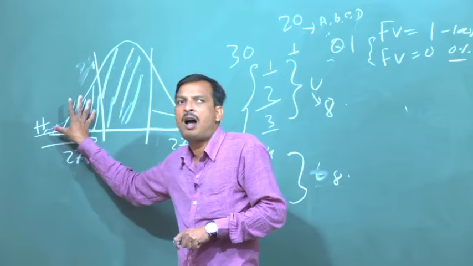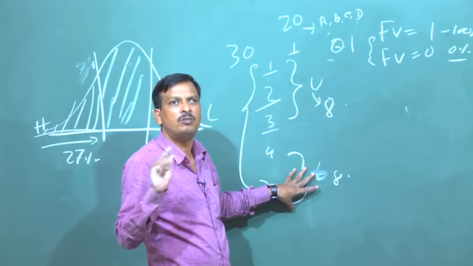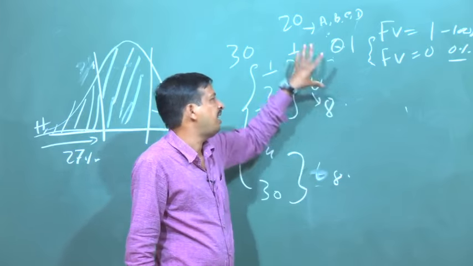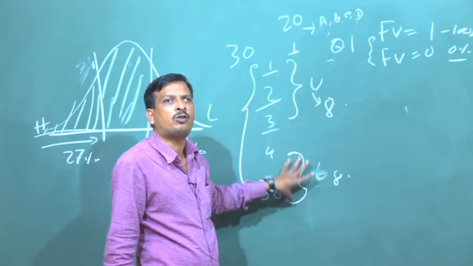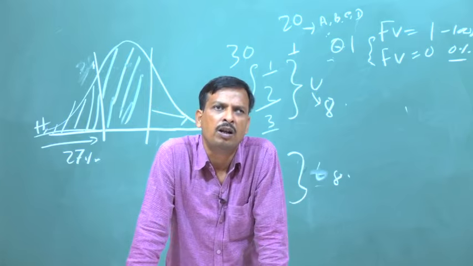So, I designate the upper group as the good students, 27%, and the lower group as the bad students, the below category students. If a question is answered correctly by both good students and bad students, it is 1.